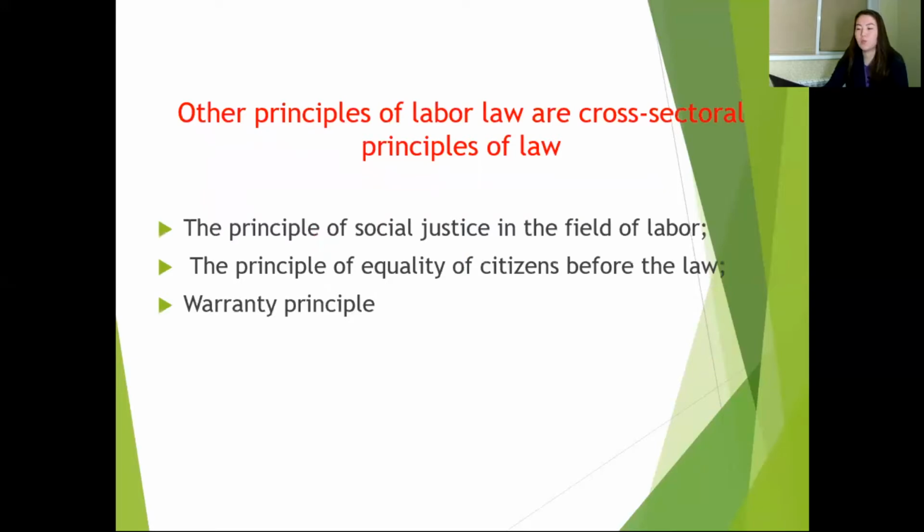Other principles of labor law are cross-sectoral principles of law. For instance, the principle of social justice in the field of labor, the principle of equality of citizens before the law, and, of course, warranty principles.